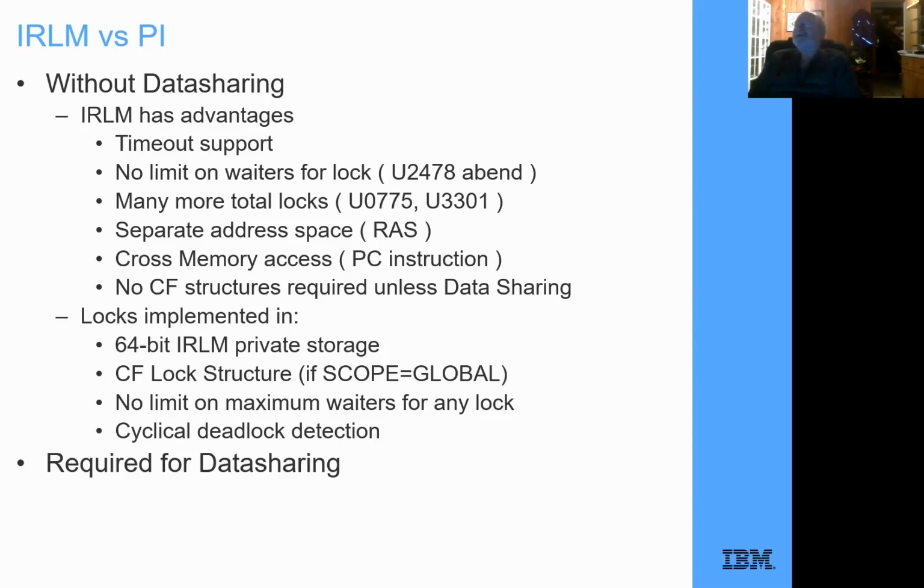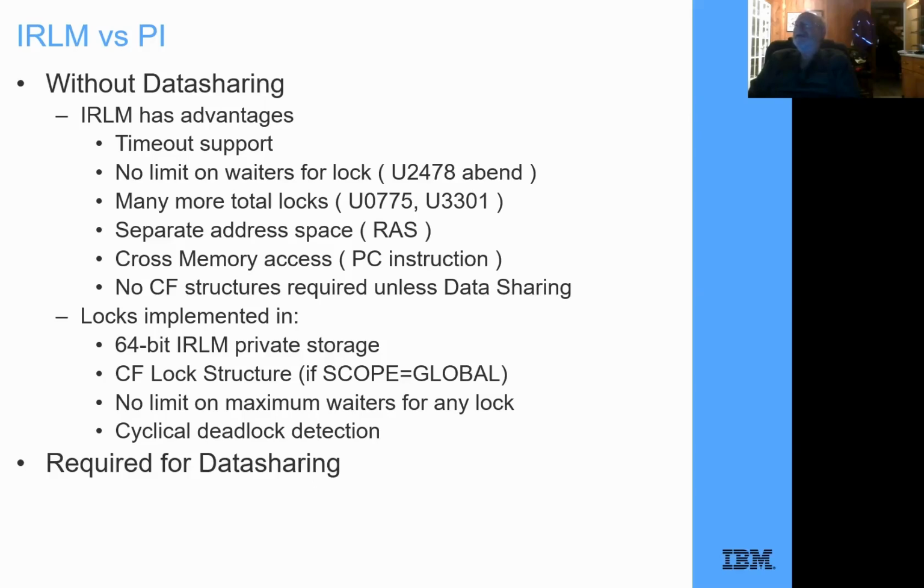IRLM is a separate address space, so it's less susceptible to overlays and such from IMS in common storage to the lock management. And obviously lock control blocks are probably the last thing in the world you want to have overlaid. It's accessed cross memory through a program call instruction.